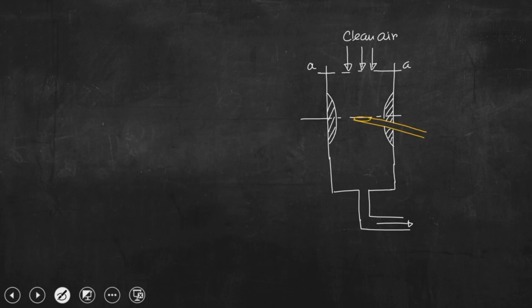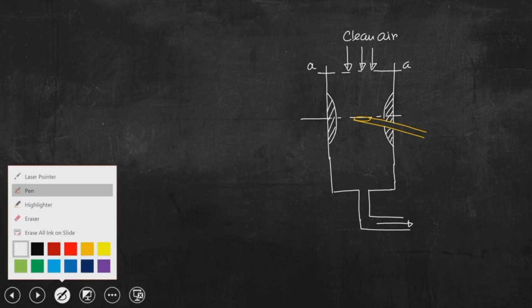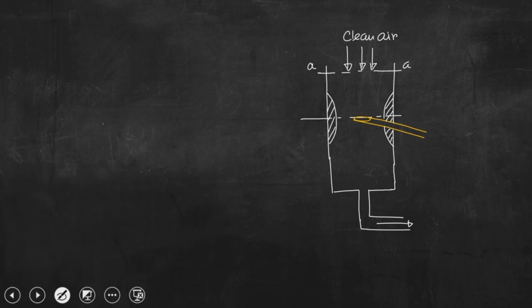And we have this, the engine cylinder, and we have one throttle valve here, and this is the float chamber.